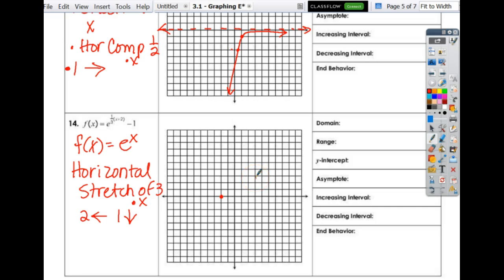And then go back 2, which is where I started, and down 1. And out of all of the transformations, what's the up and down movement? What did I move? So that's where your asymptote goes. And connect the dots.